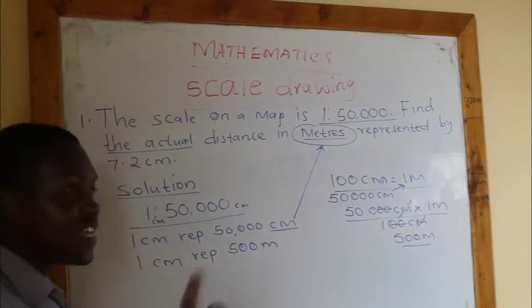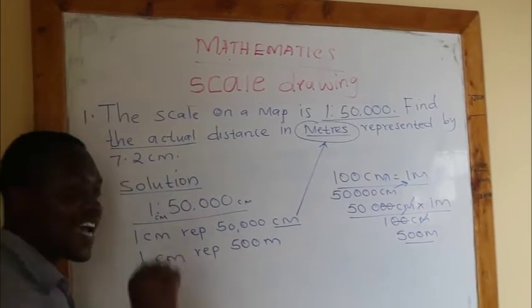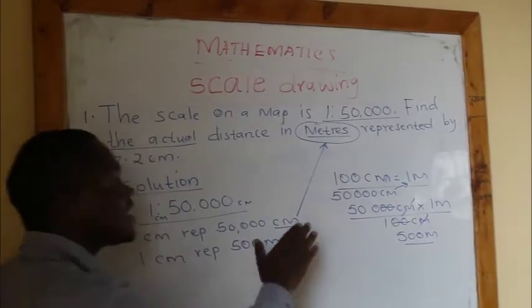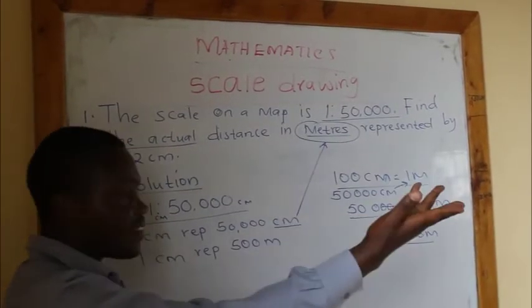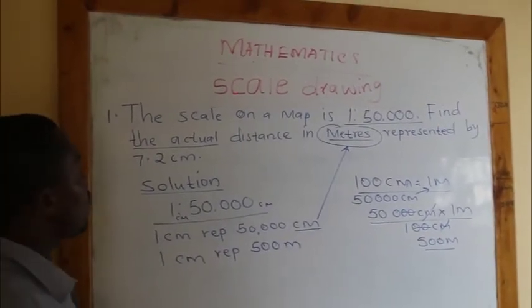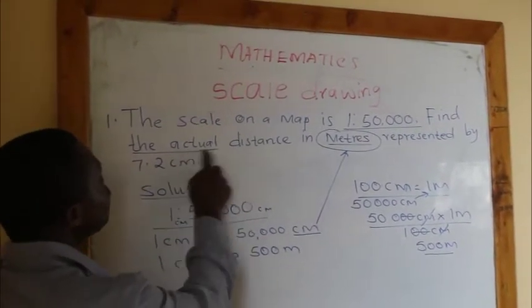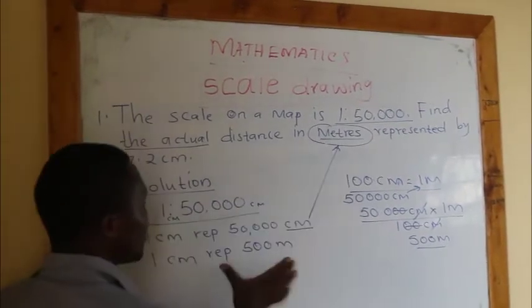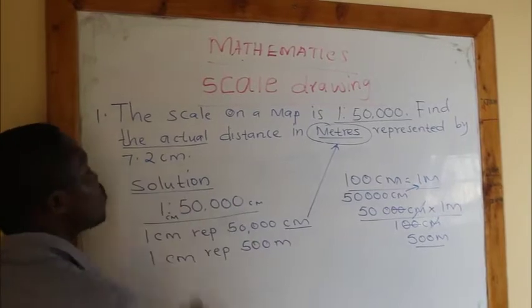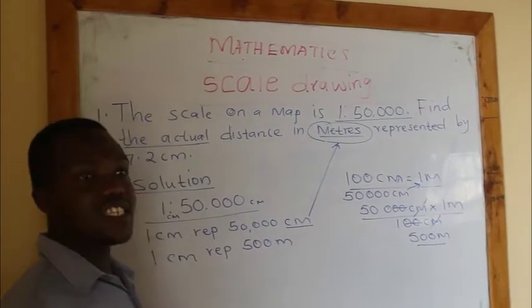So what does this mean? Every 1 centimeter I draw on this piece of paper represents 500 meters of a real length. So that's what this scale explains to us. So the question is, find the actual distance in meters, which I've already converted the scale, represented by 7.2 centimeters. Sometimes it's very simple.